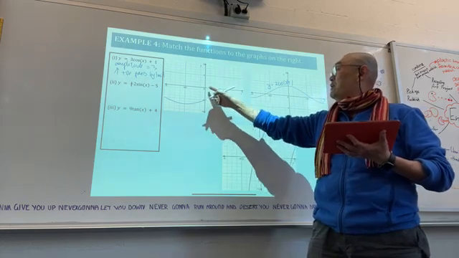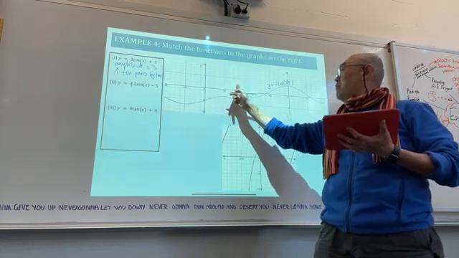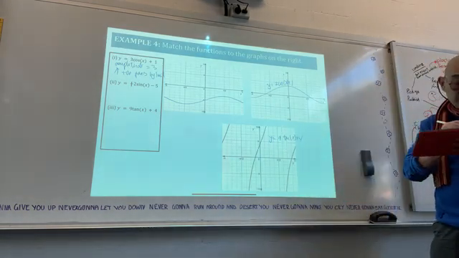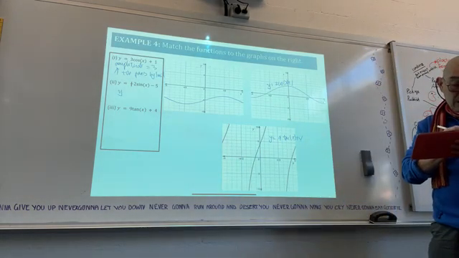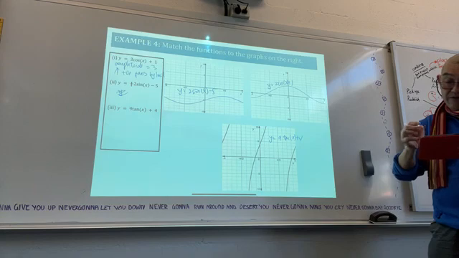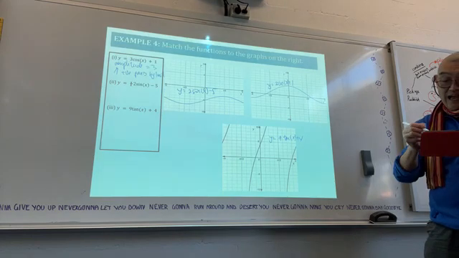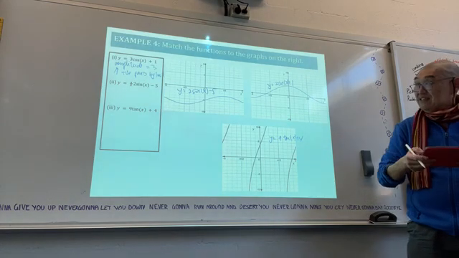So therefore you know that it's already gone up, and then you've got to move it down by 5. So that is this graph here, y equals 2 sine x minus 5. Alright? Pretty straightforward if you look at some of the graph. But of course, in the test, you may not get something as straightforward as this. This is just a warm-up.